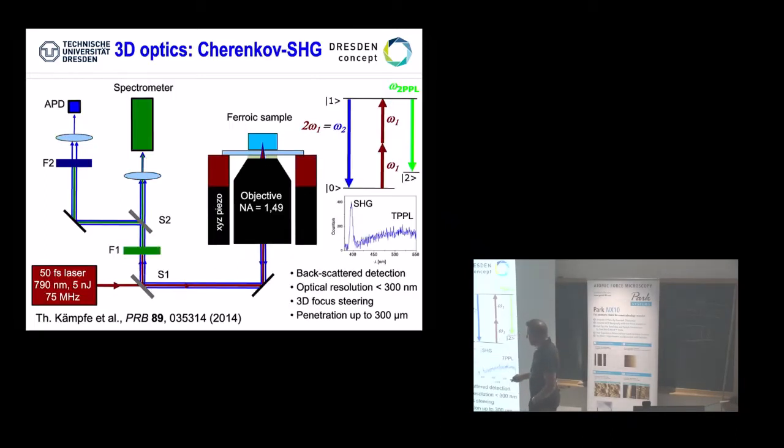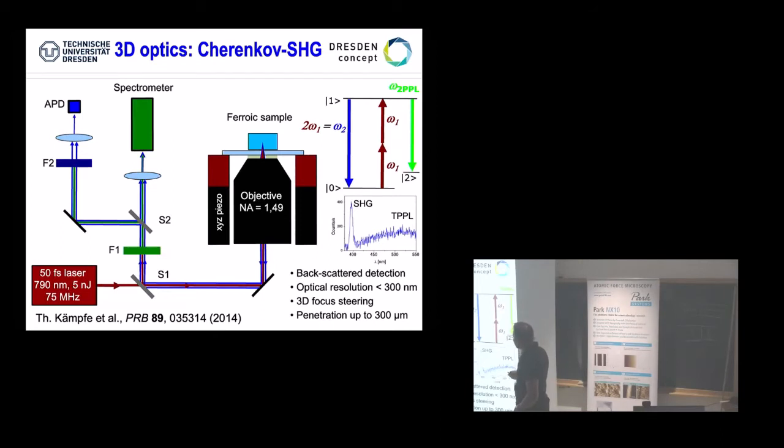This is shown here: a 50 femtosecond titanium sapphire laser at 790 nanometers, 5 nanojoule is enough with a higher rep rate. We go into an objective with a high numerical aperture, so we can cover basically the full upper hemisphere and address any point with this objective.